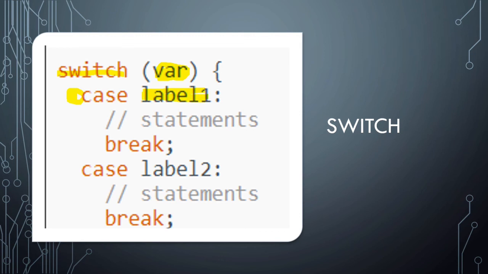If the variable matches the label, we'll execute anything in this mini loop, and at the end we'll break, and that will return us out of this loop to whatever is after the switch loop and into the rest of the program. And then here you'll see we have a second case that we could match with. Here's the label. So if our variable equals this label, then we'll perform this case. At the end, we'll break and exit the loop.